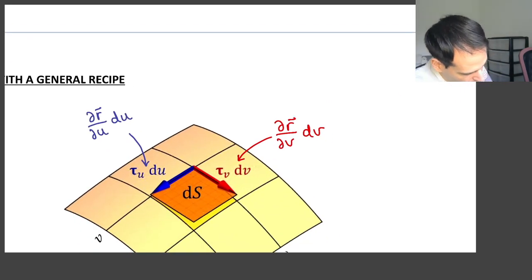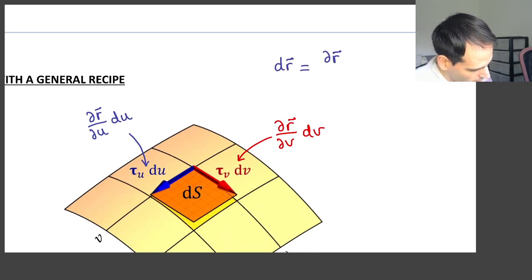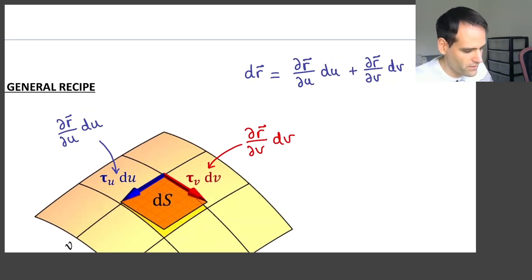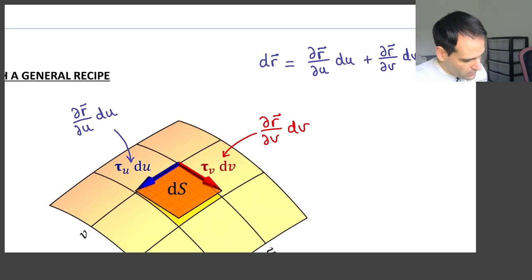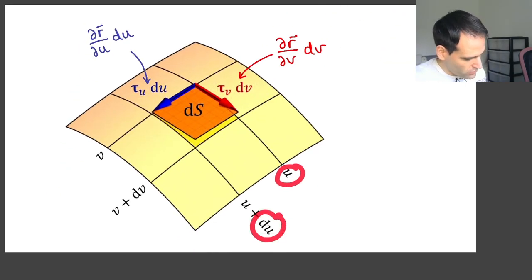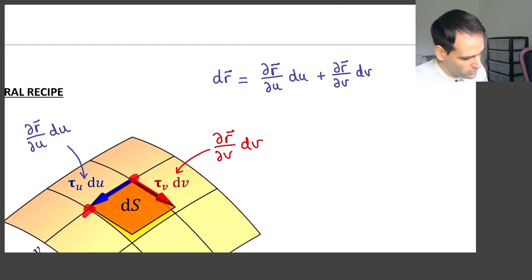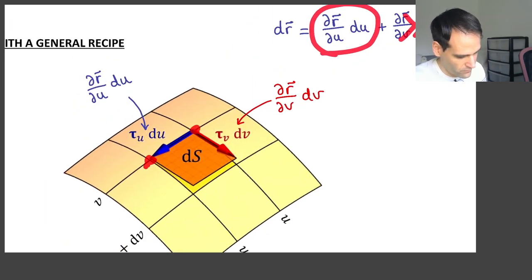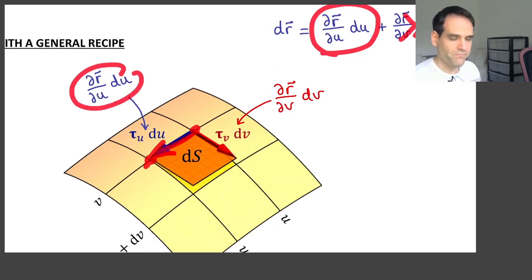Do you remember that dr, the differential of a vector, was defined as dr over du times du plus dr over dv times dv? You remember this? This was the differential of a vector. So here I'm saying that if we increase only u by an amount du, but we don't increase v by anything, then we substitute dv equals 0, so this goes out, and we are left with only this, which is this blue arrow.